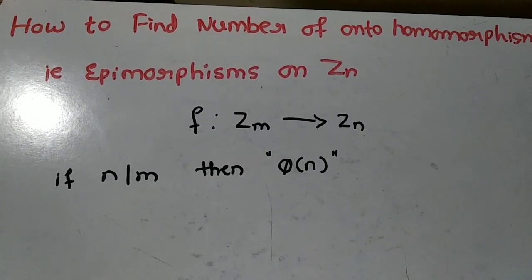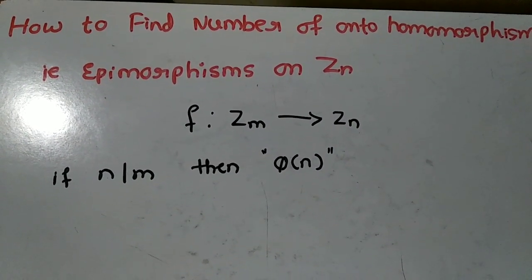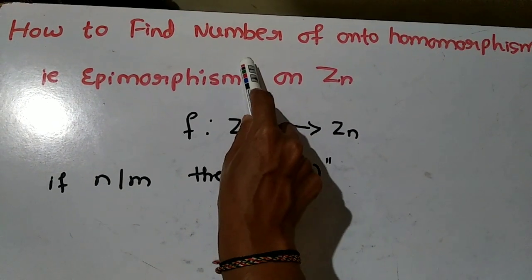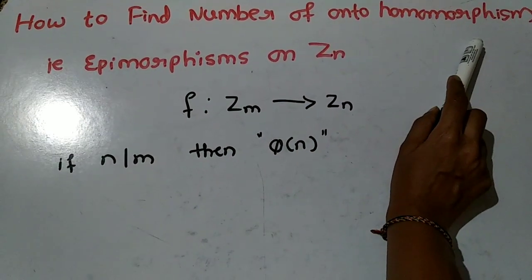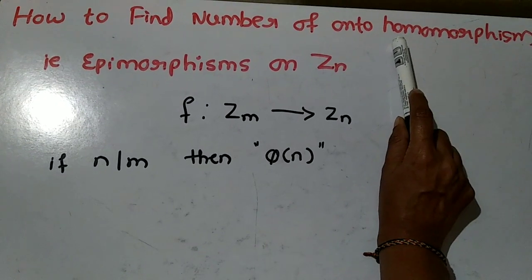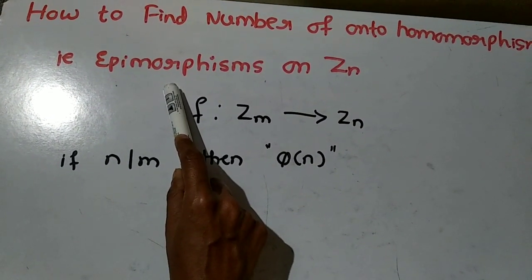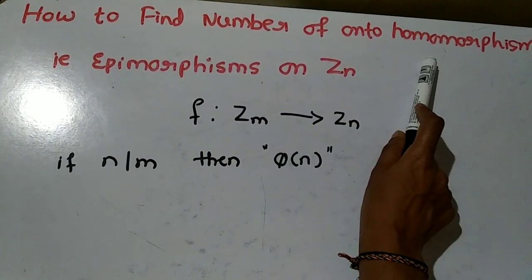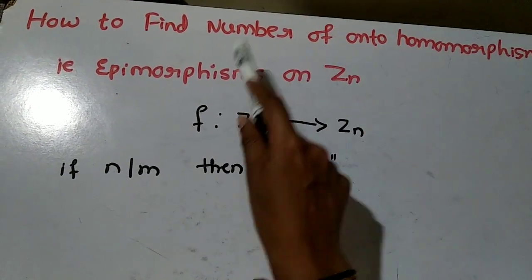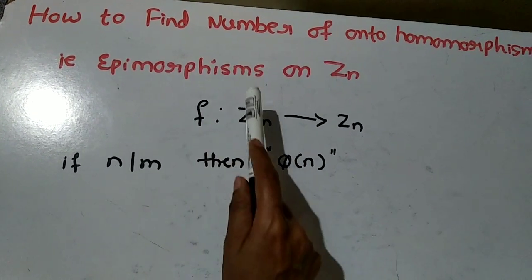Second type where we use the Euler function formula: for finding the number of onto homomorphisms, that is nothing but epimorphisms. Onto homomorphism is nothing but epimorphism.